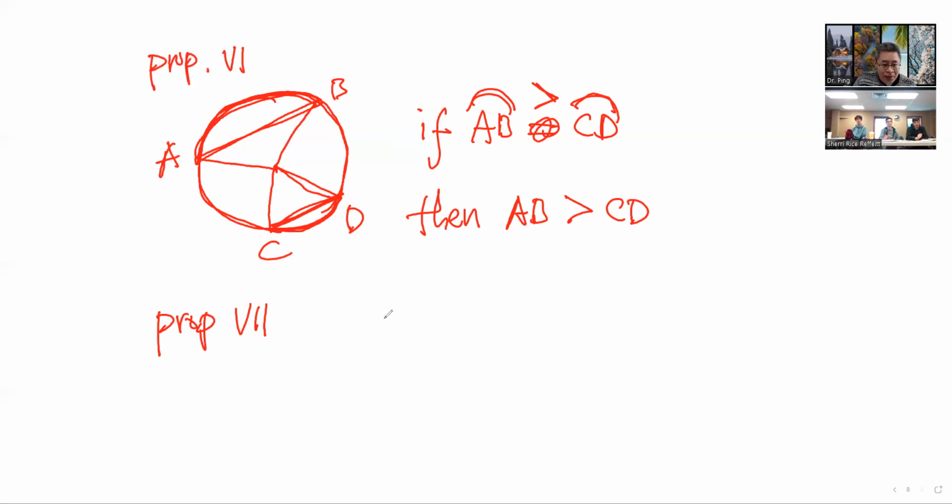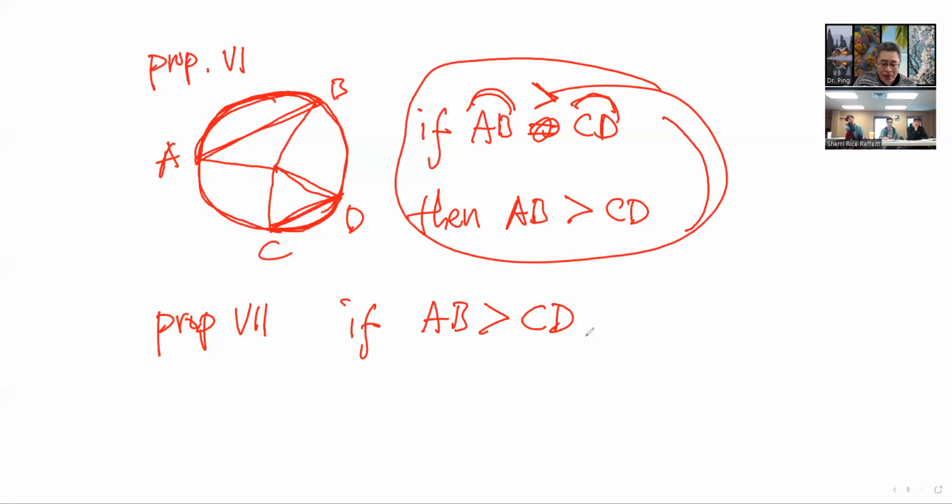It says if AB is bigger than CD, just kind of the reverse of this proposition, so if this chord is bigger than this chord, then the corresponding arc is going to be longer than this arc. Then arc AB is greater than CD.